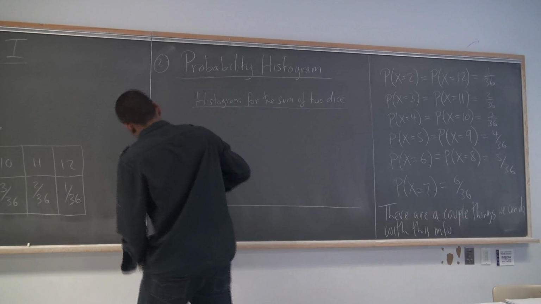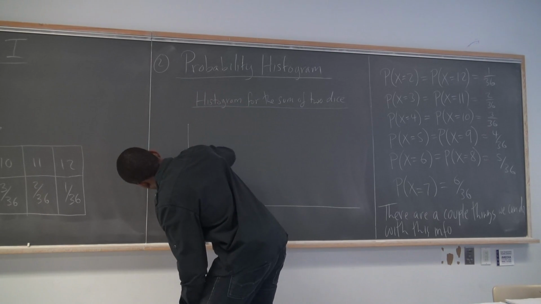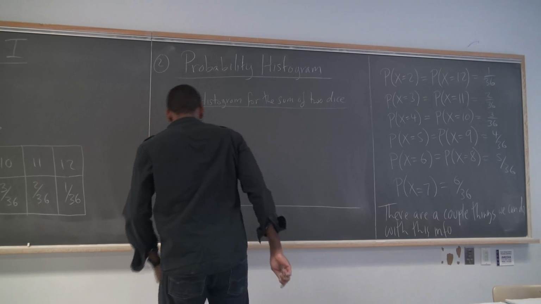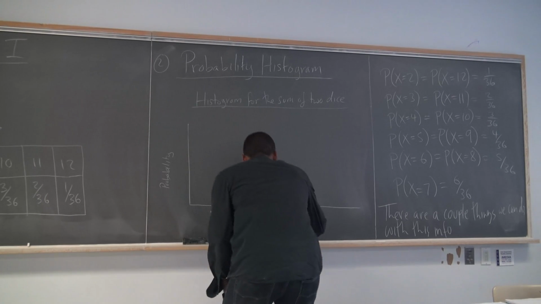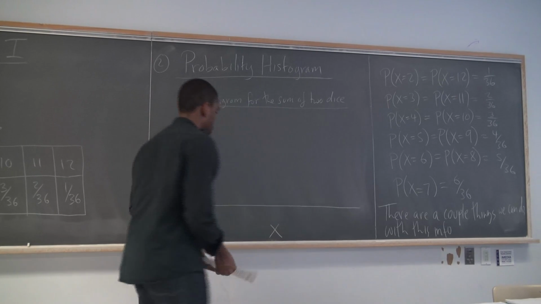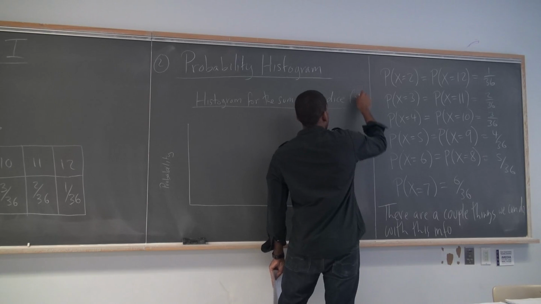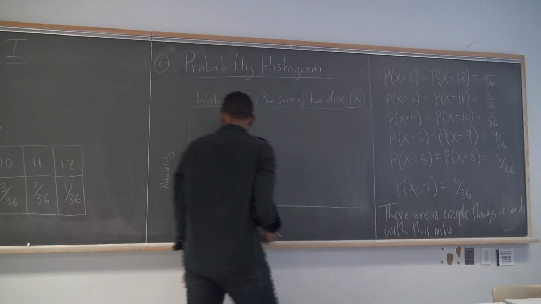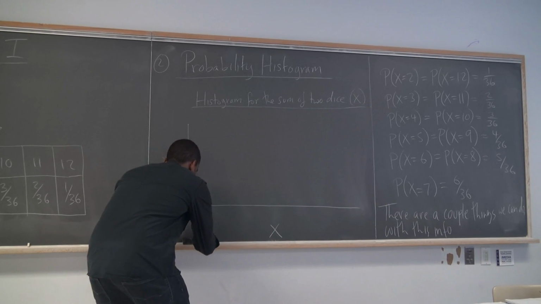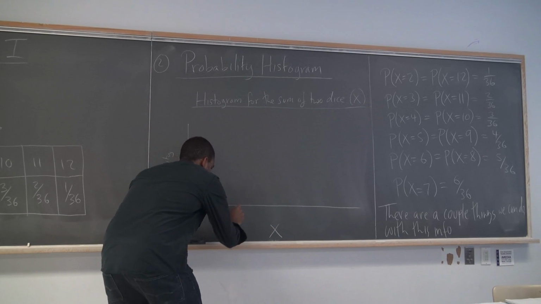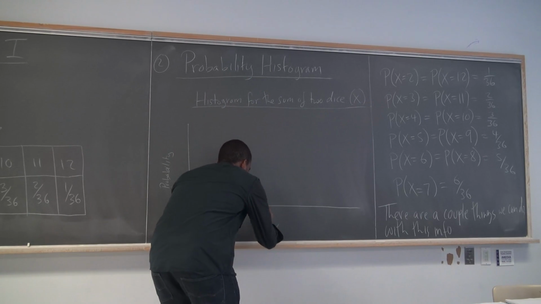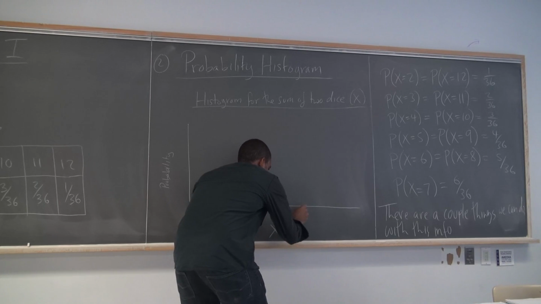So basically on this side we're going to have the probability, and on this side we're going to have the values of x, which x would have been named before. Sum of two dice, x. So it can be a 2, or a 3, or a 4, or a 5, or a 6, or 7, or 8, or 9, 10.